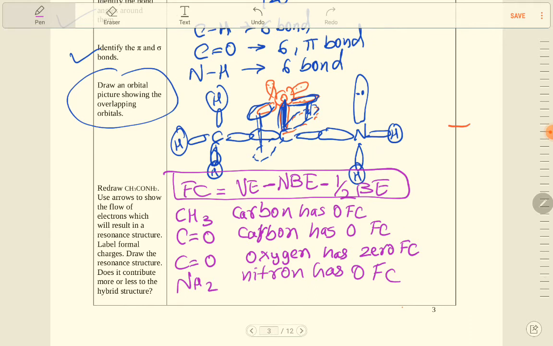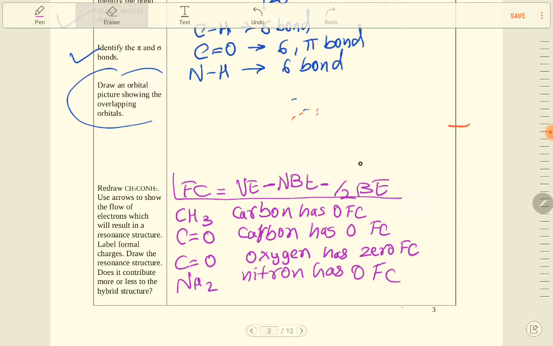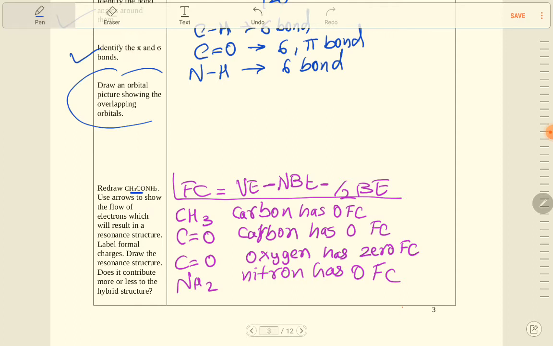So how do we draw resonance? I'm going to erase this area so I can draw the resonance. Okay, so now we need to draw a resonance.